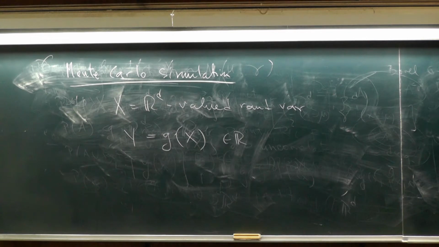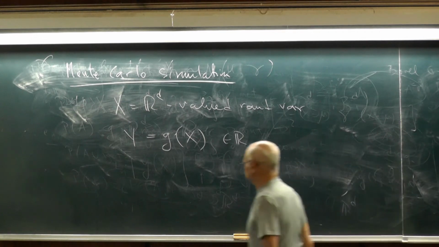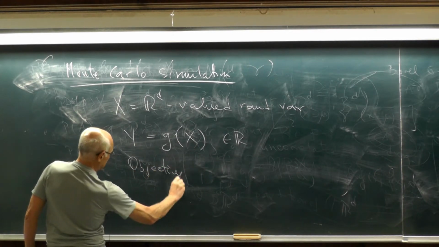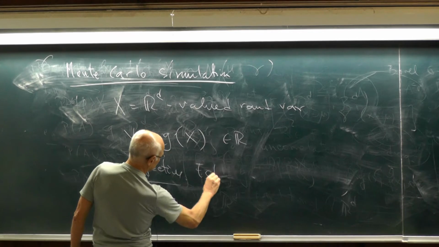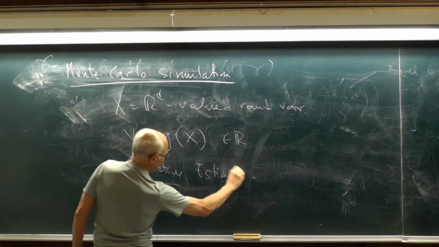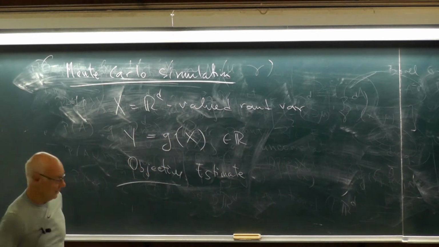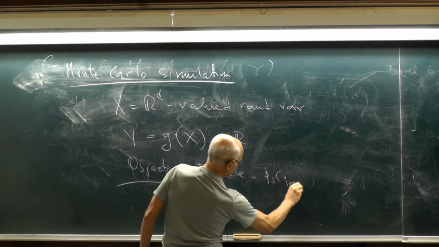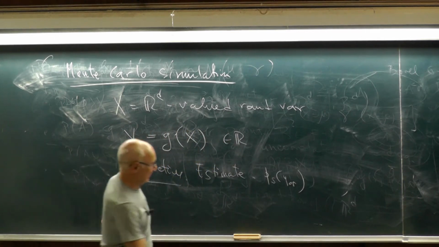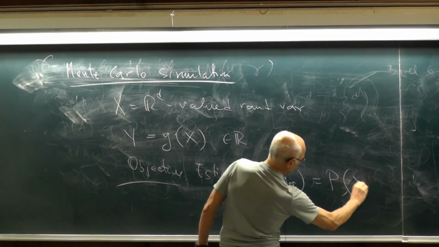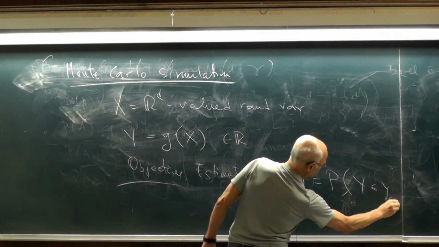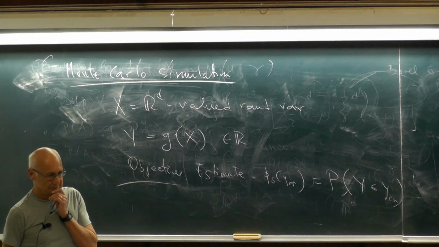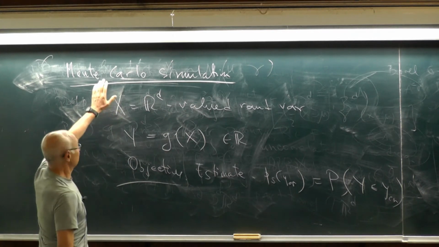right? And our objective is to estimate the system reliability, defined in this way: the probability that this output is smaller than the critical value, by Monte Carlo simulation as indicated here.